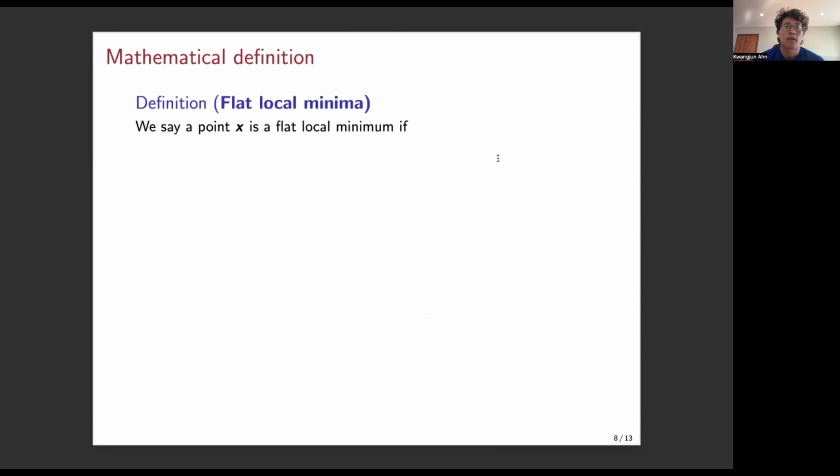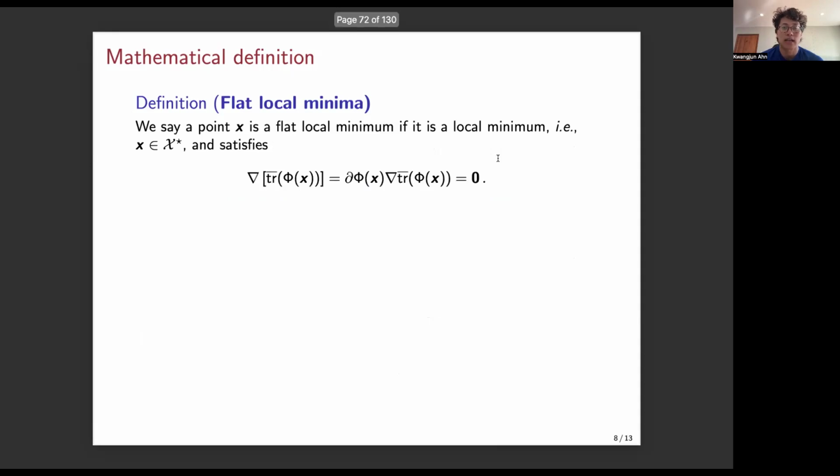Then with that, we define flat local minima as follows. We say a point x is a flat local minimum if it's a local minimum and satisfies this equation. So basically, if you're restricting the normalized trace onto x star, the gradient vanishes. Precisely what we're looking for.